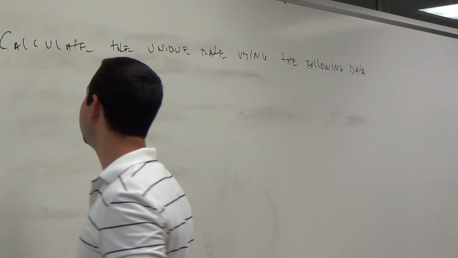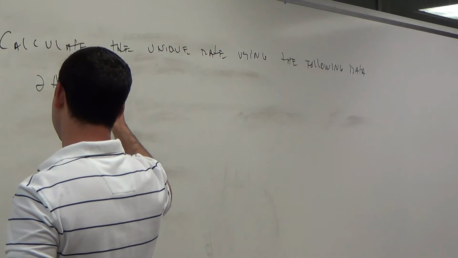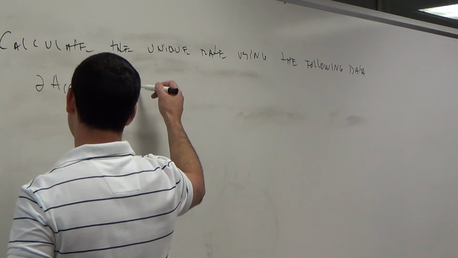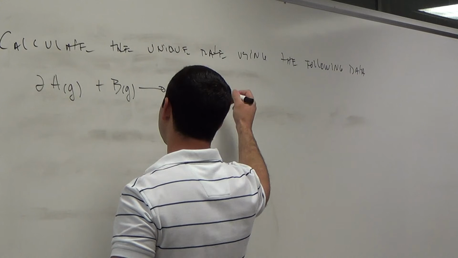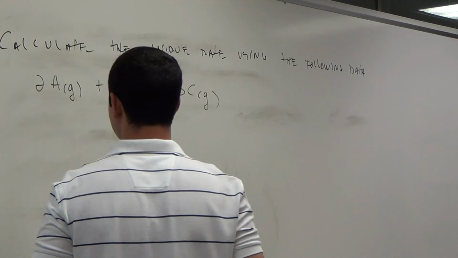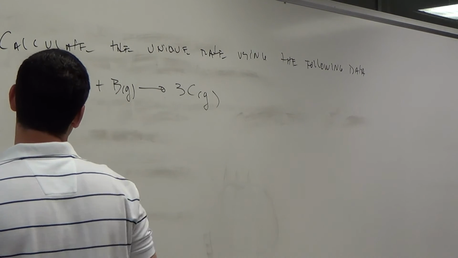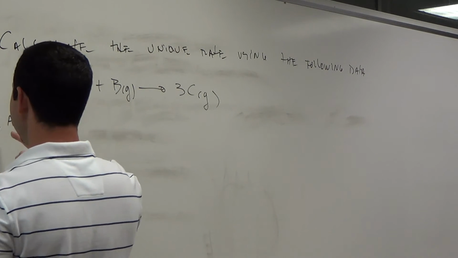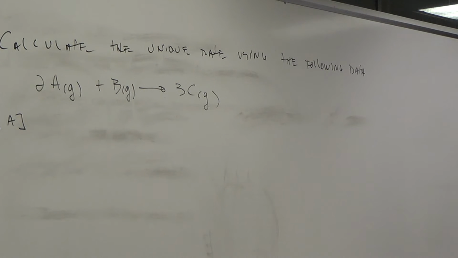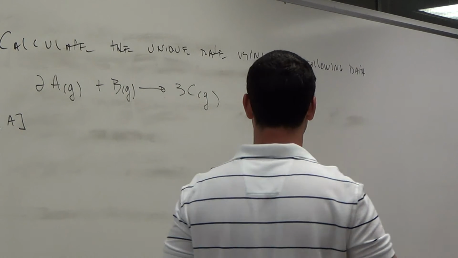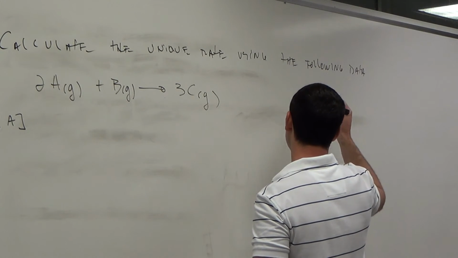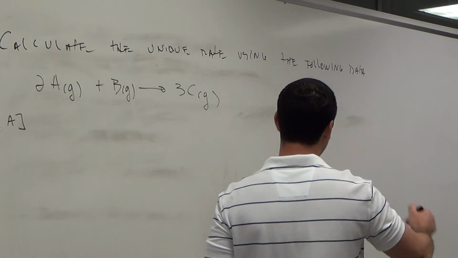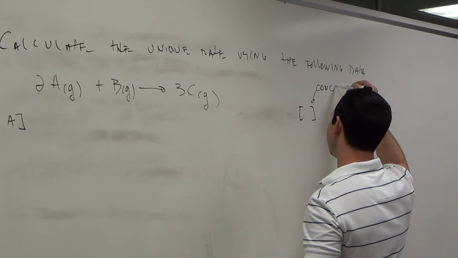Calculate the unique rate using the following data. By the way, did I ever tell you that brackets means concentration? Write it down. Brackets means concentration. Whenever you see brackets like this, in this class, this means concentration.